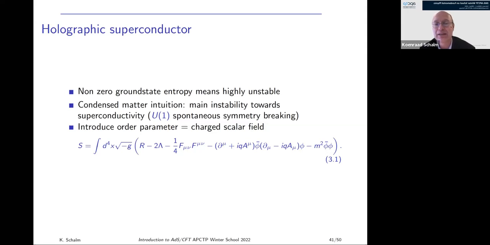And then the obvious instability, once you have a global current, is spontaneous symmetry breaking. So this is not a surprising intuition. But we can test this. We can test whether this is indeed true, whether there is an instability towards superconductivity. I'm not going to argue that it's the main one, but I'm definitely going to show you that there is one.